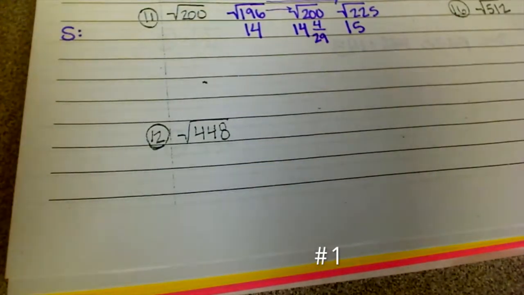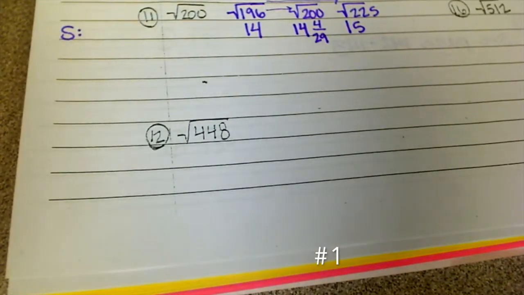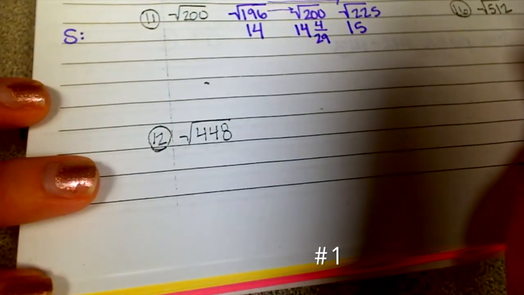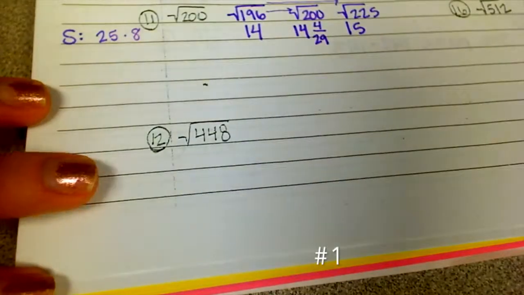Can anyone think of a factor of 200 that is on the perfect square list? 25. What is it? 25 times what? 25 times 8.